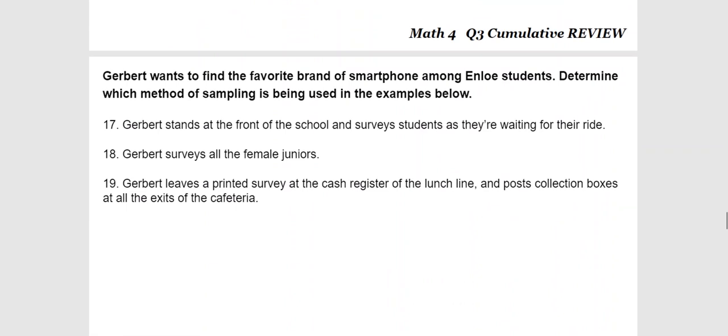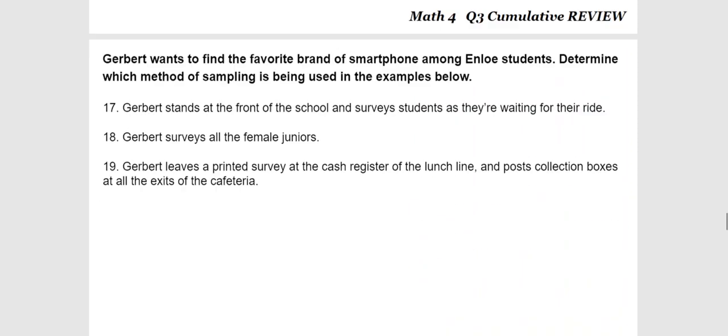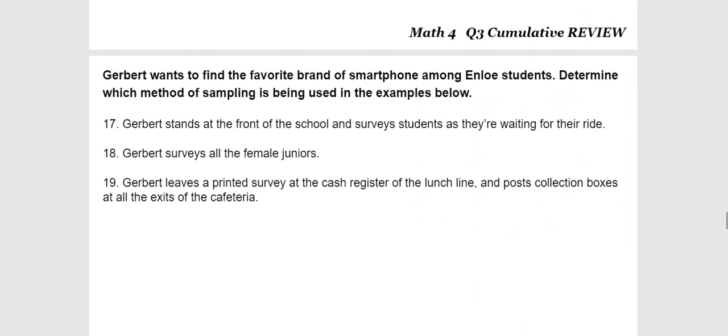Next set, method of sampling. As I recall, there are 6 ways of doing samples. So let's see, Egbert wants to find the favorite brand of smartphone among those students. So he stands at the front of the school and surveys students as they're waiting for their ride. That's the person who stands in one spot and lets them come to him.